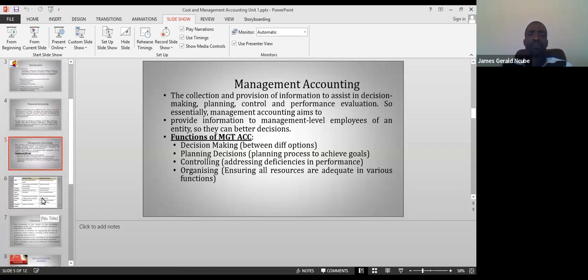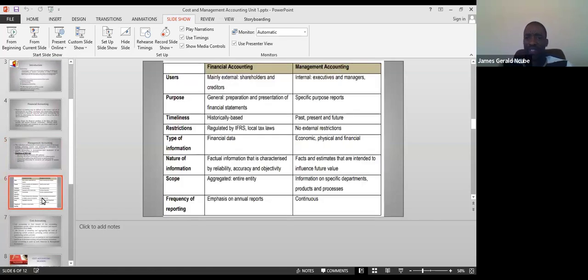So I'm going to look at the differences that are there between financial accounting and management accounting. As you can see, the first difference that I want to talk about is about who uses what, the users of these two pillars of accounting.